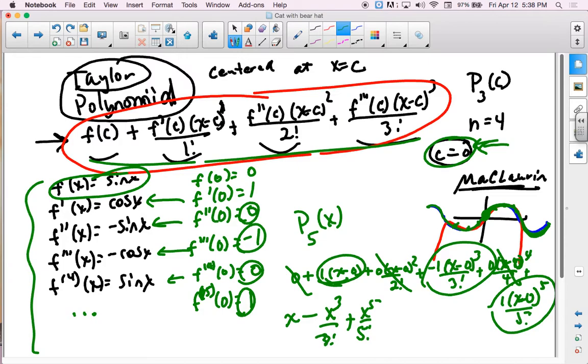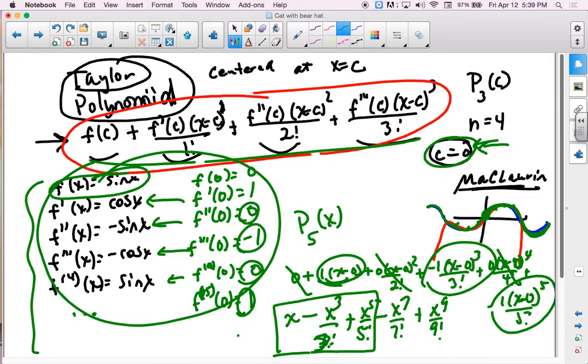If I wanted a higher degree or more terms, I would have minus x to the 7th over 7 factorial plus x to the 9th over 9 factorial. So this right here is the 5th degree Taylor polynomial with 3 terms. By the way, you'll memorize this one, so you don't have to derive it ever again if I have sine x.